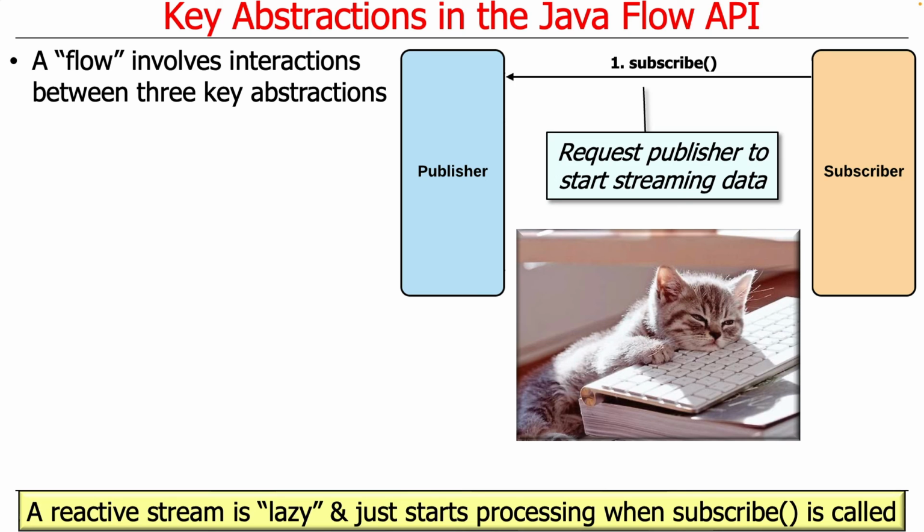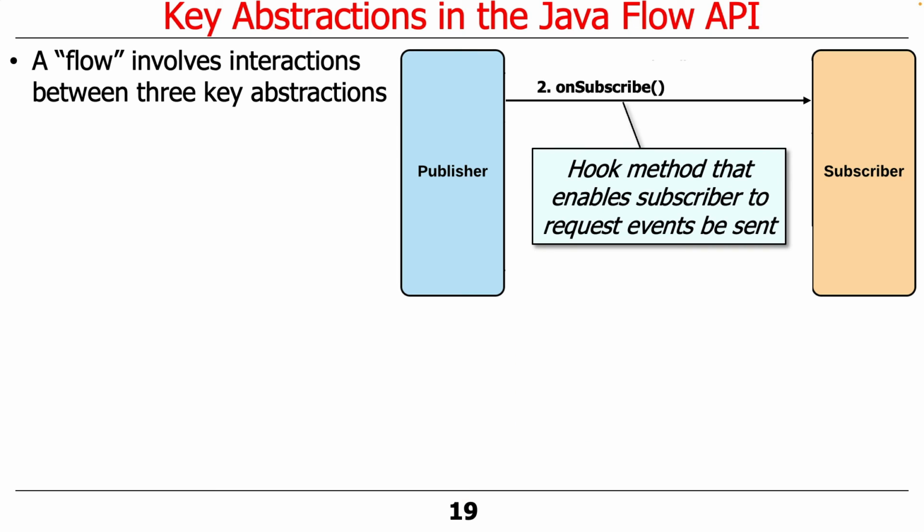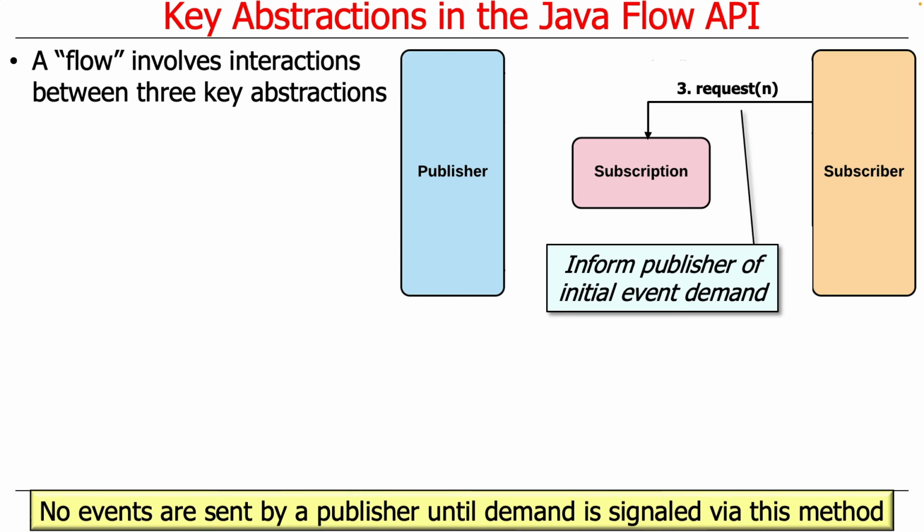When a subscriber subscribes to a publisher, the publisher calls back on the subscriber using the onSubscribe hook method, and it passes it a subscription object. That subscription object must be used by the subscriber to say, this is how much data you can send me.